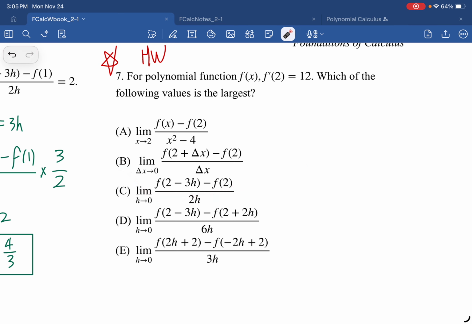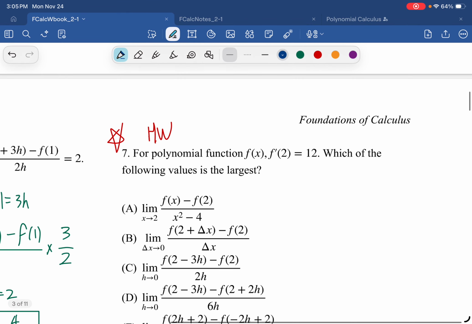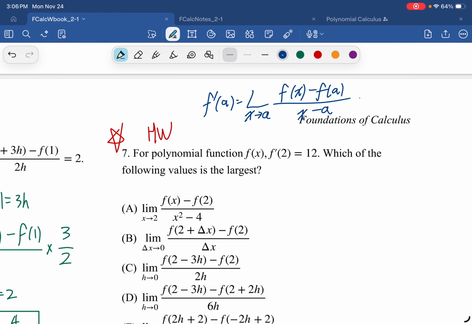Now, remember last time I told you to memorize and understand 2 different forms that you can take with the definition of the tangent line. One form is f prime of a equals the limit as x goes to a of f of x minus f of a over x minus a, or the limit as h goes to 0 of f of x plus h minus f of x over h.